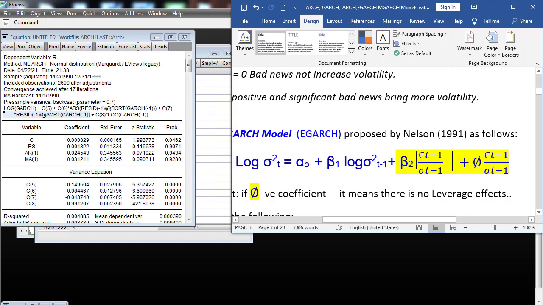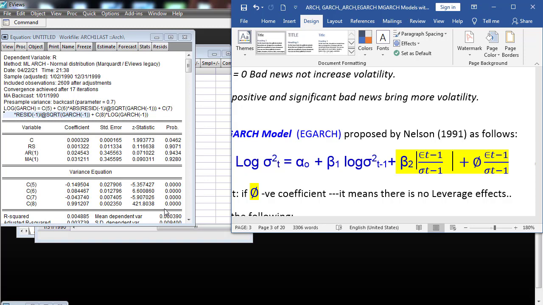Now this term here for GARCH, log sigma squared lag 1, which we call C8, as you can see here in the equation. This is C8, positive 0.991 and statistically significant.